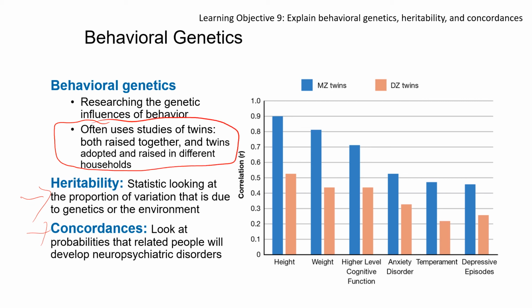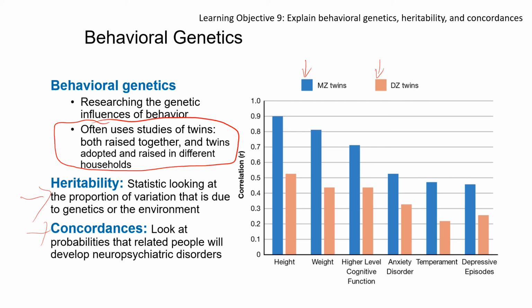So twin studies are studies where dizygotic and monozygotic twins, fraternal and identical twins, will have behavioral characteristics measured in these different twins. They're looking at how much greater the overlap is in identical twins than it is in fraternal twins.